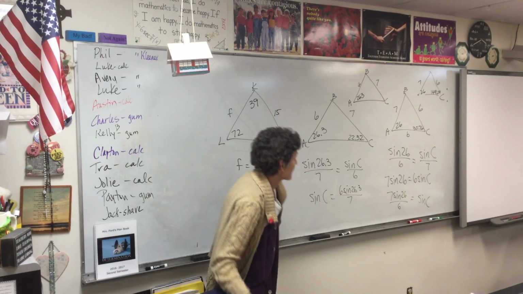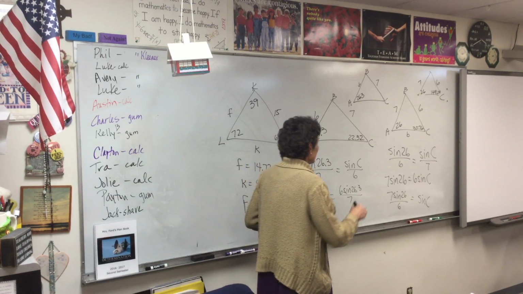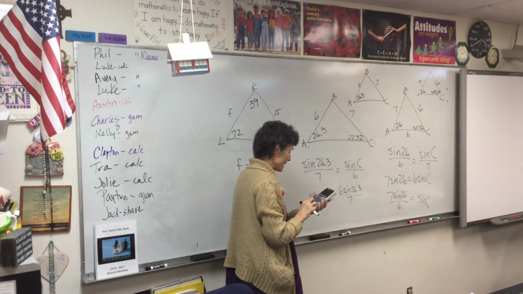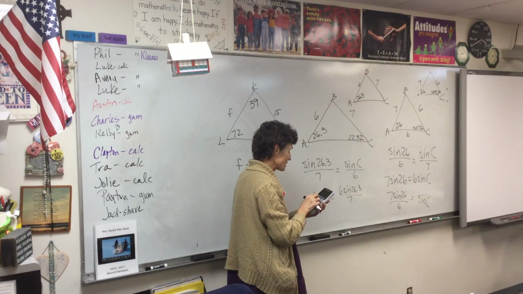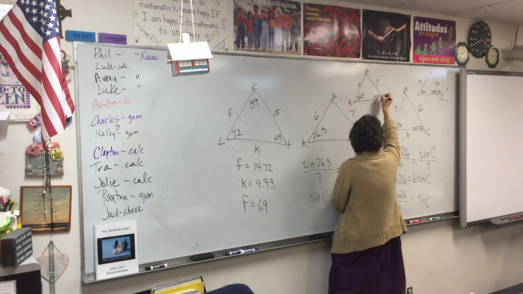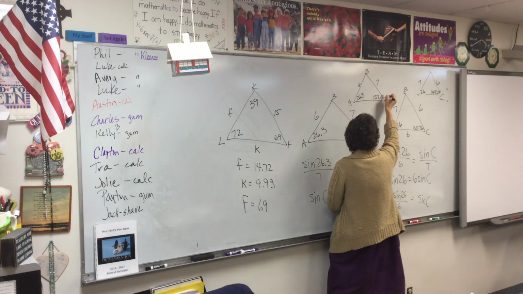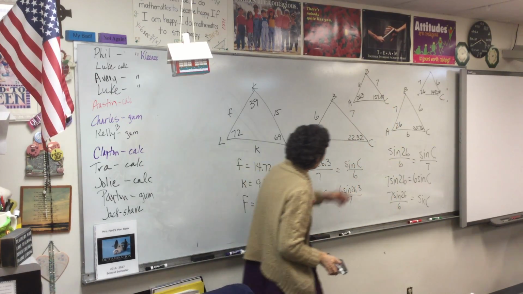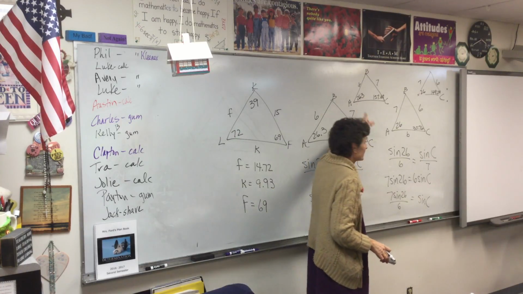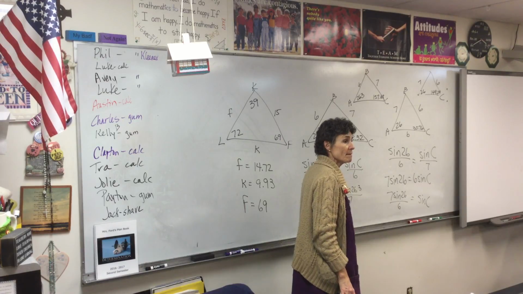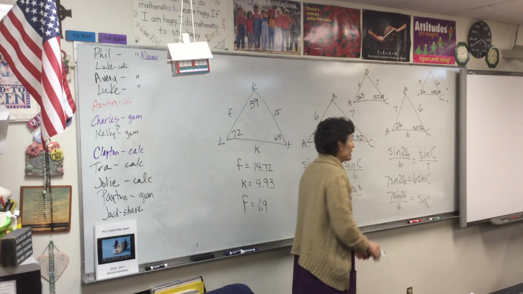If there is a second angle, how would I find out what it is? 180 minus the first one. Always 180 minus the first one. And it would be 157.68. Now I stand back and say, can I have a 157 and a 26 in the same triangle? No, because it makes more than 180.